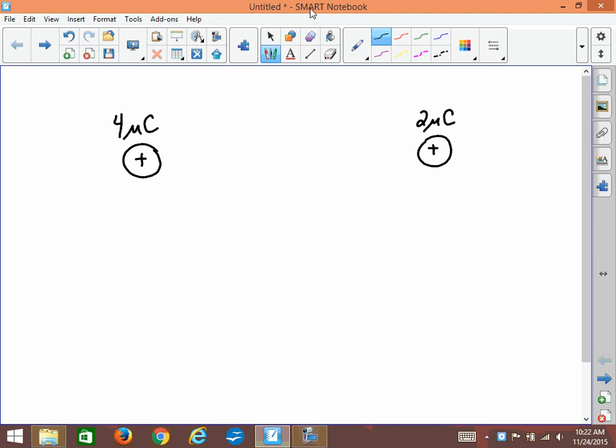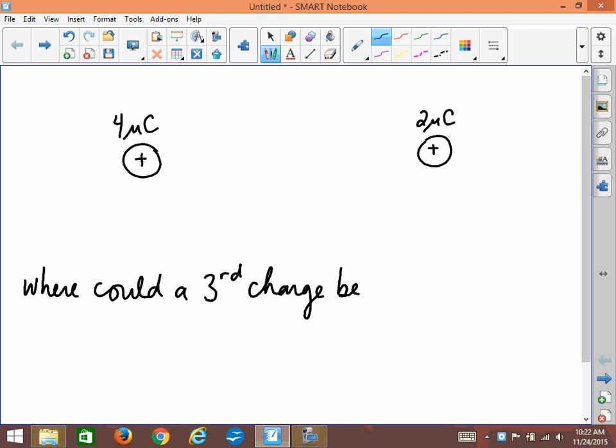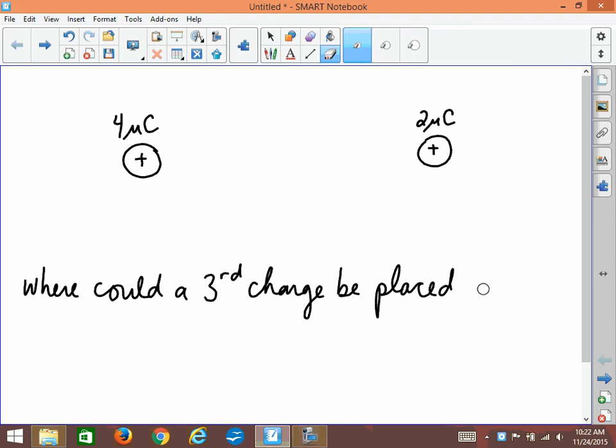Now, the question that we're going to ask ourselves is, where could a third charge be placed? I'll change that, so that it feels a net force, or it experiences a net force of 0.